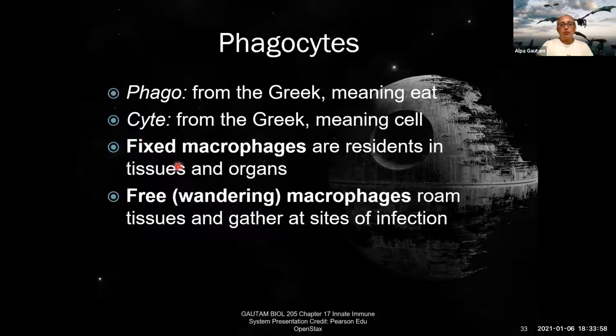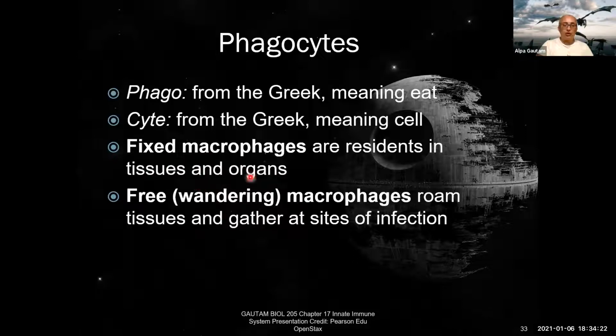I said there are fixed macrophages and free or wandering macrophages. Once the monocyte differentiates into a macrophage, that macrophage can either stay within the blood and continue to circulate, or it can leave the capillaries and then stay within the organs and tissues or within the dermis region. So fixed macrophages remain within tissues and organs.